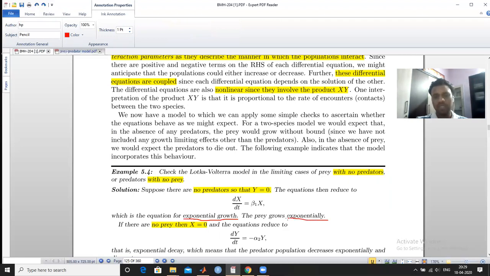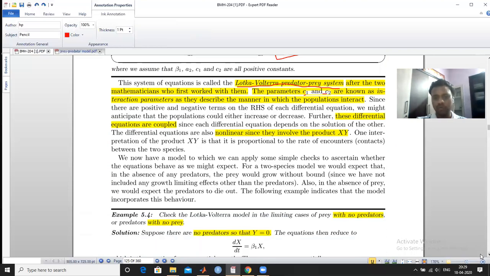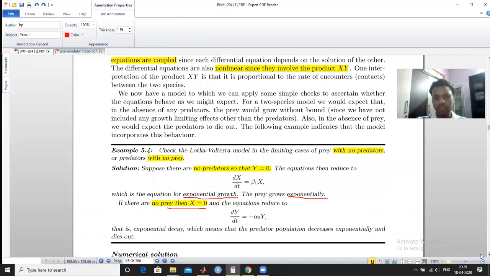So the population of prey will increase exponentially. And what will be the second scenario, if there is no prey? No prey means x is 0. If you put x equal to 0 in the previous equation, this term goes to 0, and that gives you minus alpha 2 y. So dy over dt is equal to minus alpha 2 y.